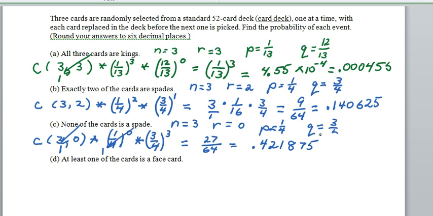And the last one is that at least one of the cards is a face card. So this is the complement that none of the cards are face cards. So we're going to have 1 minus the probability of no face cards.